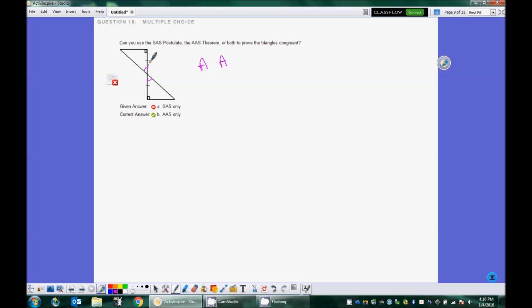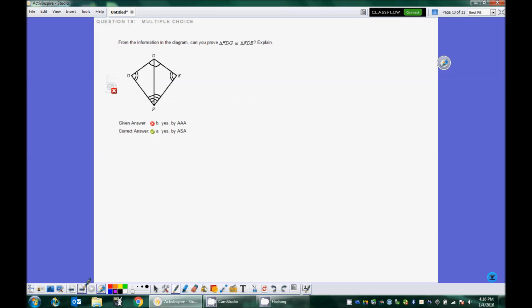So now with vertical angles, I've got two pairs of angles because I already had a right angle, and this side connects the two angles. So that means I've got angle side angle. Okay, it's not side angle side, but look at just that bottom. I only got one pair of sides marked. I do not have two pairs of sides. So be careful when you're looking for side angle side, all that. You're only looking at one at a time.